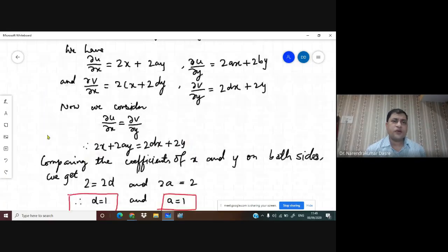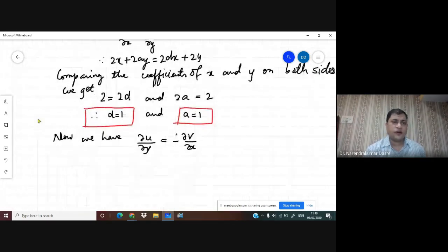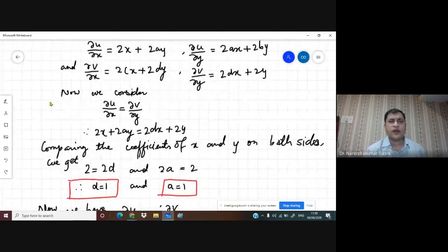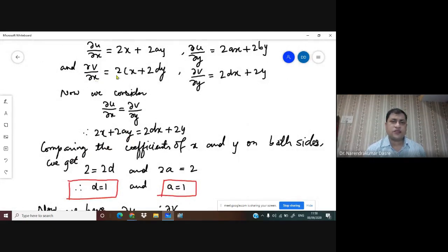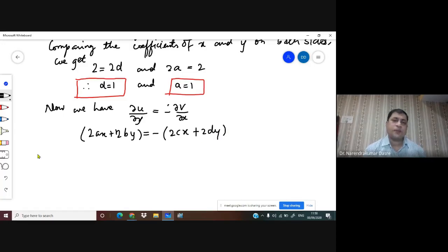Let us see, u_y is 2ax plus 2by. And this is equal to minus v_x, which is 2cx plus 2dy.